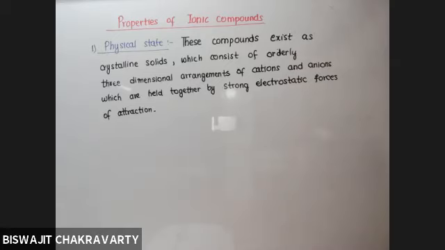Exactly in a similar way, ionic compounds are very strong within because they are held together by strong electrostatic forces of attraction, and the cations and anions arrange themselves symmetrically, orderly in all directions, which makes them very stable. If you want to break them, you need to supply a huge amount of energy, which makes their melting and boiling points exceptionally high. And that is what we are going to discuss under point 2.